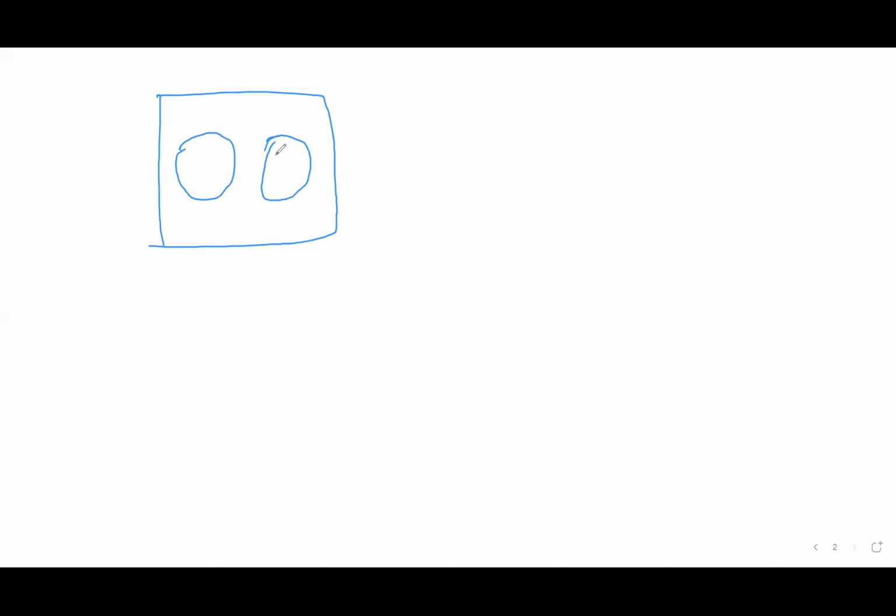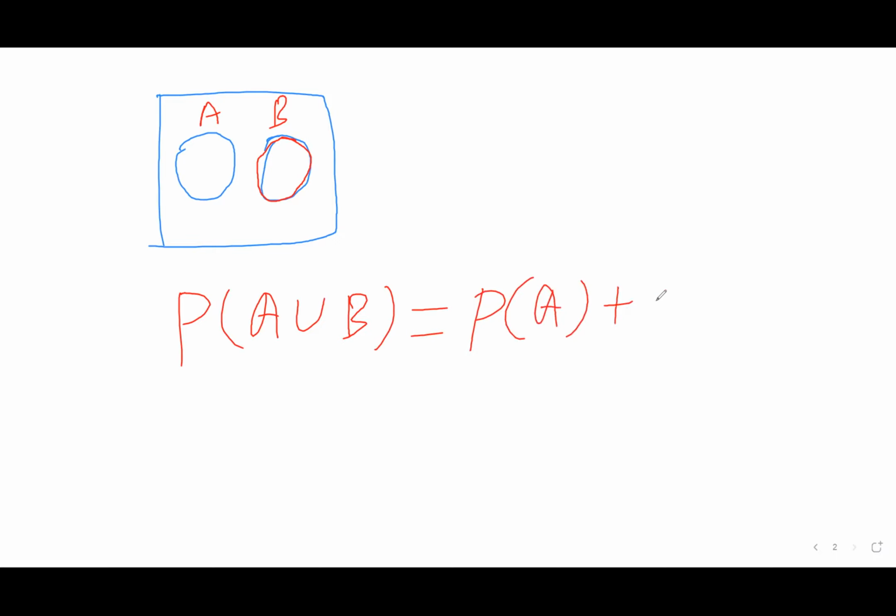Okay, I should use a different color. So this is A, this is B. Now if we write probability of A union B is equal to probability of A plus probability of B, is it correct or wrong? Am I counting any region twice here?